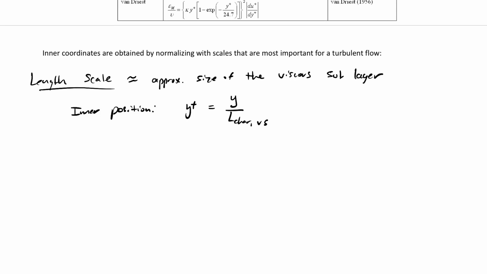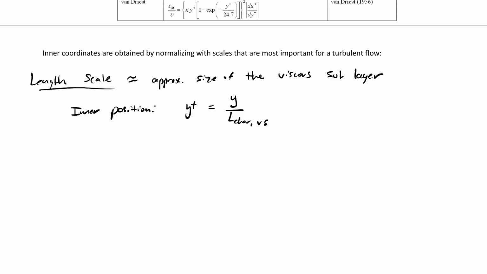Why not pick the full turbulent boundary layer thickness? Think about what is important in a heat transfer problem, or even a momentum transfer problem for turbulent flow. Where's all the heat transfer resistance in that flow? It's in the sublayer, right? So we normalize based on that because that's what's important for the flow. So that's our inner position.